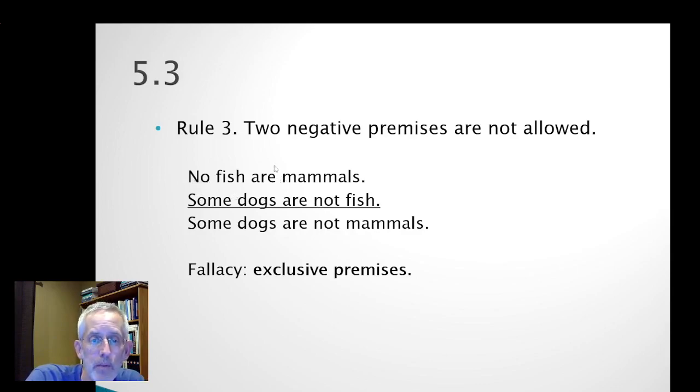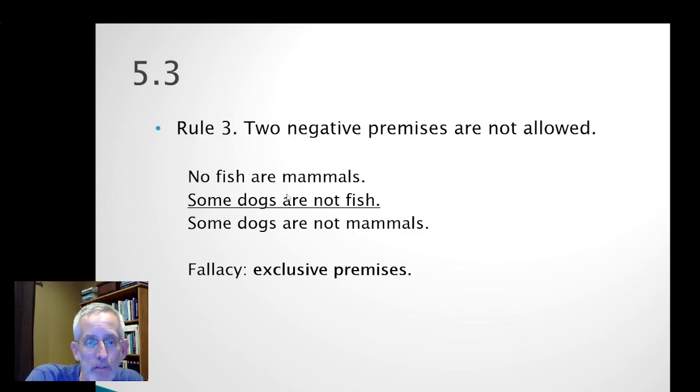So both of these premises are negative. We have a no here and we have a not here. And so the rule says you can't have two negative premises. If we had two nots or two no's on the quantifier location here, the same thing would be the case. You'd have two negative premises. So this is a pretty easy rule to apply. Two negative premises are not allowed.